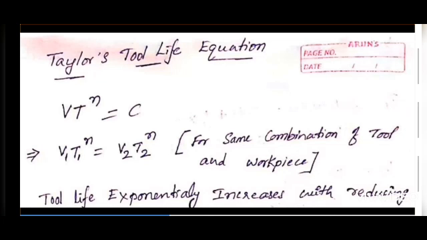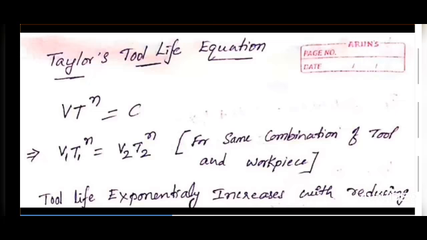In the first case, if you use an HSS tool, and in the second case, if you use a carbide tool, then you cannot write V1 T1 to the power of n is equal to V2 T2 to the power of n. If you are operating on the same workpiece material with the same tool, with different cutting speeds, then you can write this equation as V1 T1 to the power of n is equal to V2 T2 to the power of n. Okay.